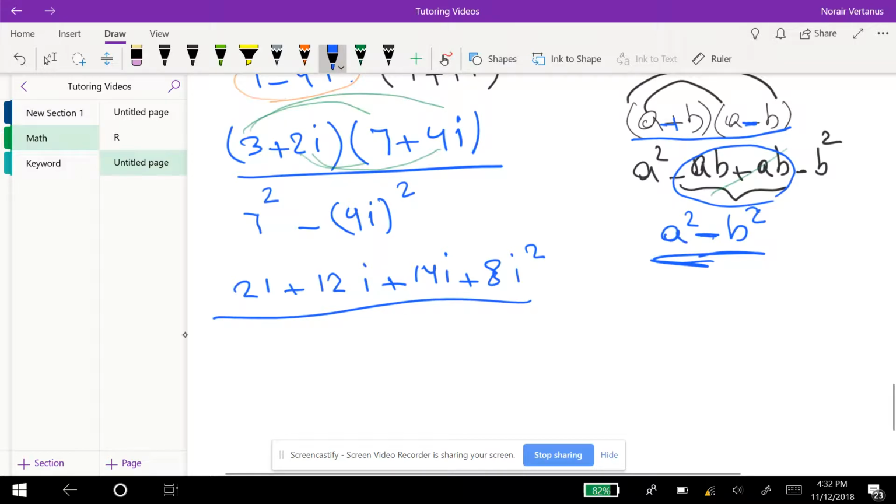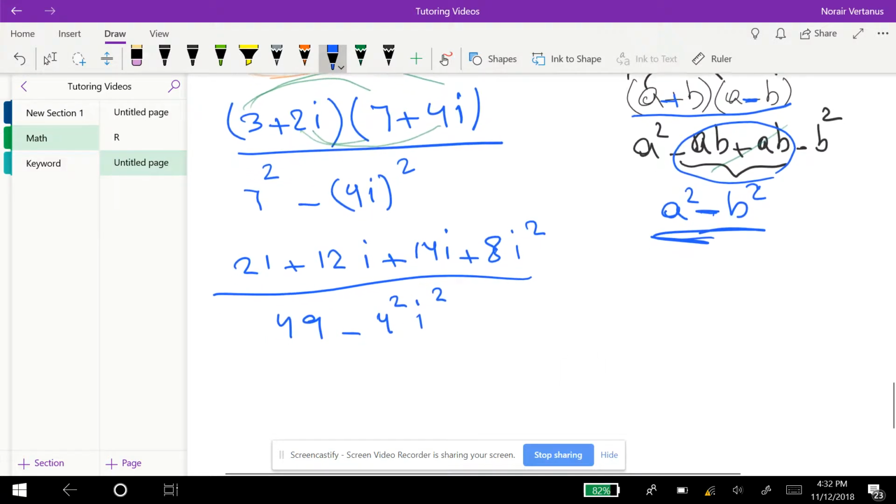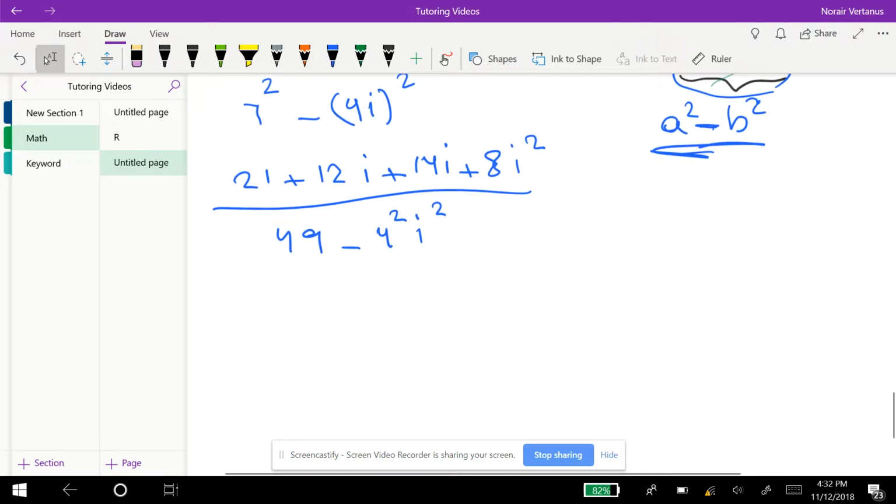The denominator is 7 squared, which is 49, minus 4i squared. That's the same as 4 squared i squared. I'm doing it step by step, so pay attention. Now, some of these i's can be simplified, right? i squared is root negative 1 times root negative 1, which we learned earlier is equal to just negative 1.